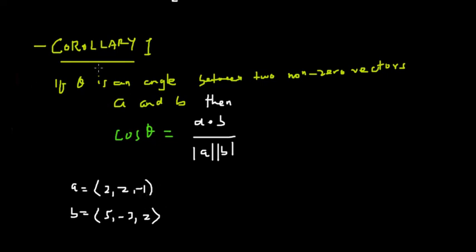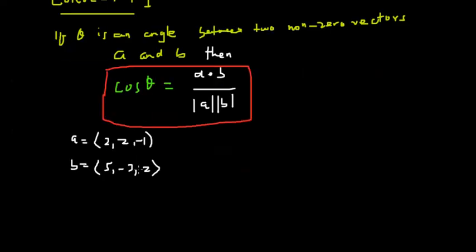That's corollary 1: finding the angle between two vectors. When we are given two vectors and told to find the angle between them, that's where we implement this formula.